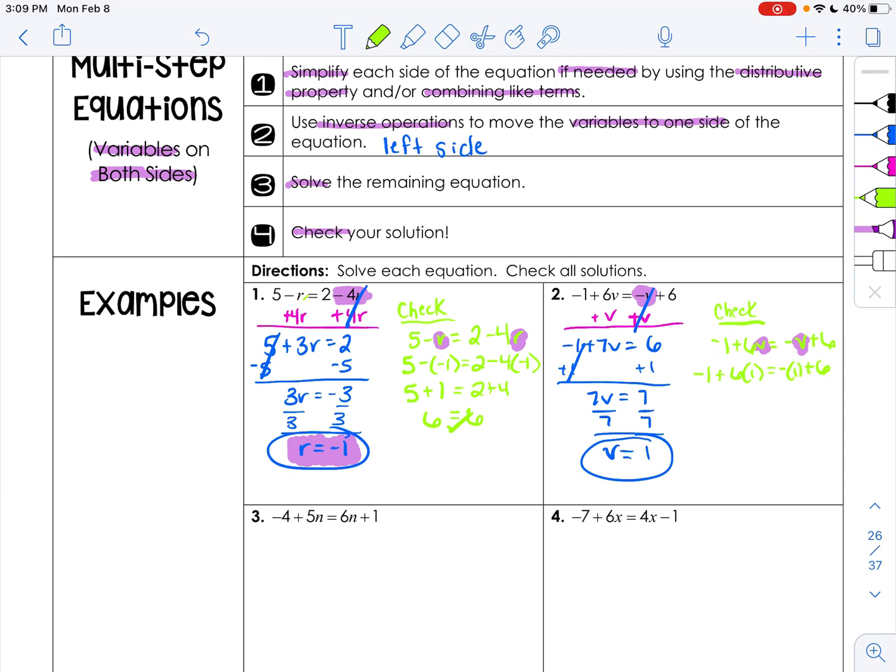Remember, when we replace it, we always put it in parentheses. When I solve this, that gives me negative 1 plus 6 equals negative 1 plus 6. Negative 1 plus 6 is 5 equals negative 1 plus 6 is 5, which is a true statement. So I know v equals 1 is my answer.